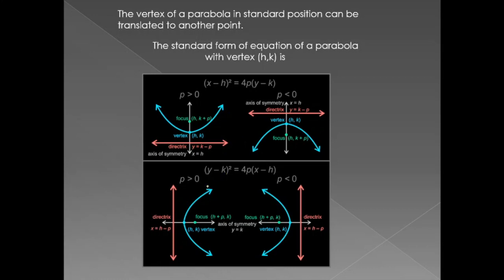If left or right naman yung opening, dapat naka-square ang y. If our p is positive, upward, and if negative naman, downward. Sa y, kapag positive ang p, opening niya is right, and pag negative naman, nasa left.